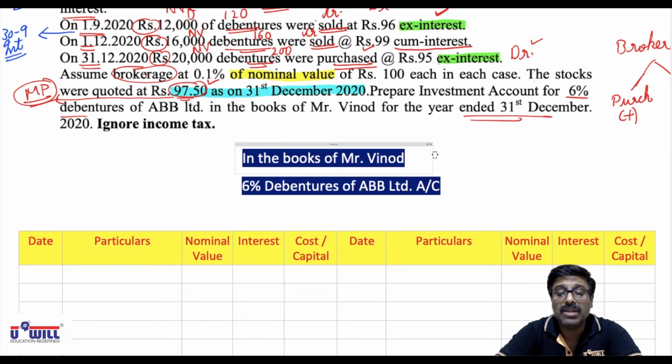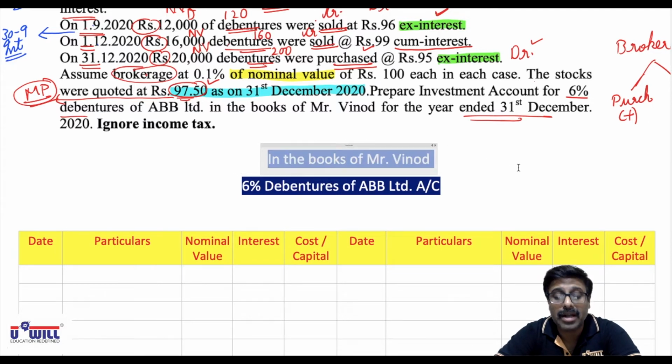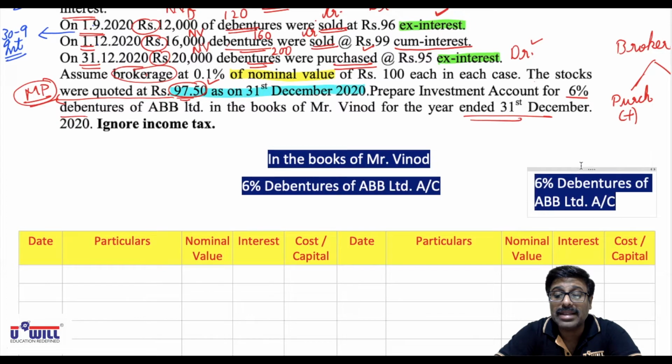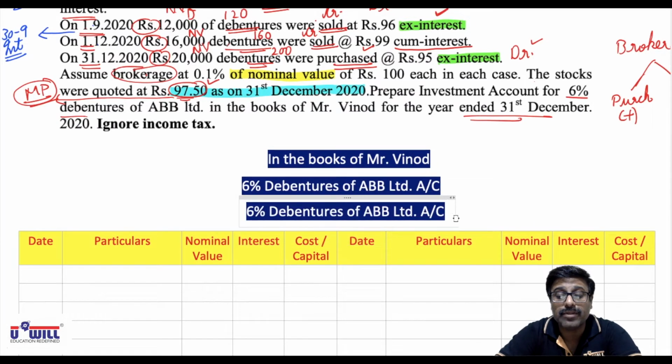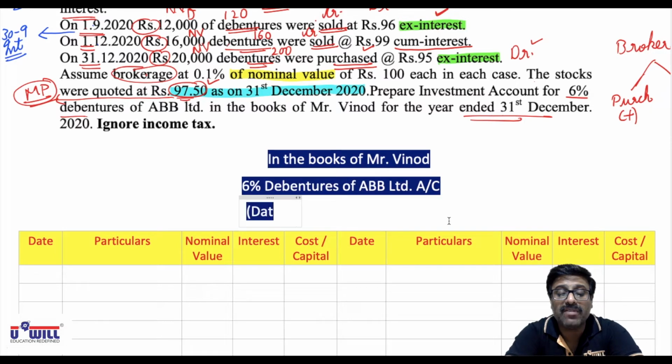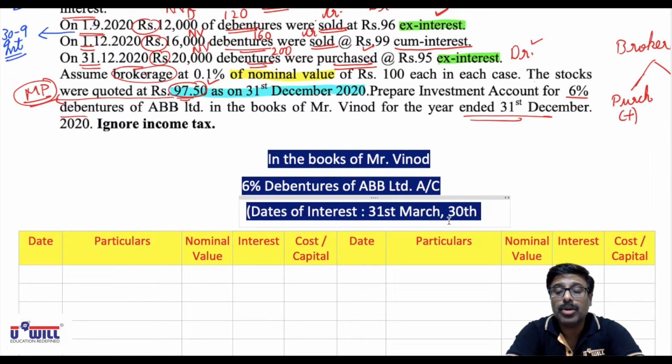Within that, now you give the heading 6% debentures of ABB Limited account, and thereafter you write the dates of interest in bracket. Dates of interest are 31st March and 30th September.